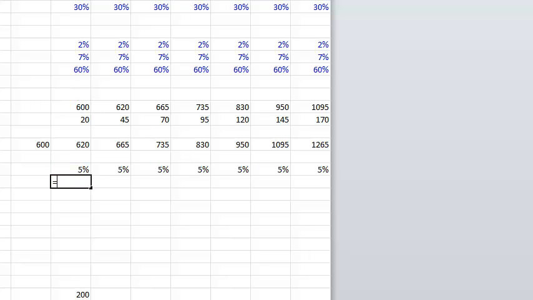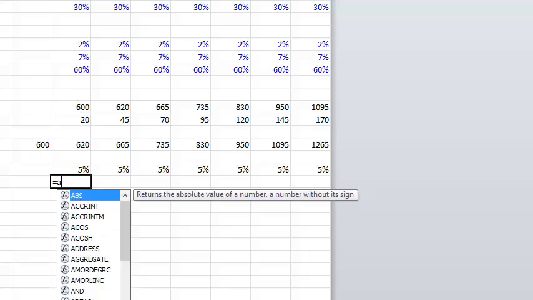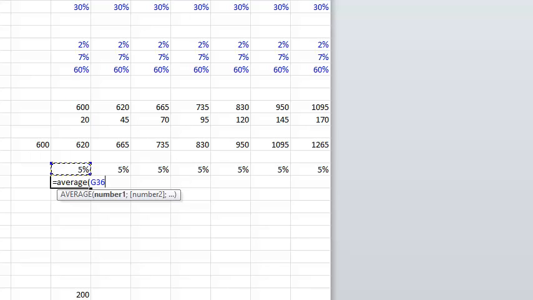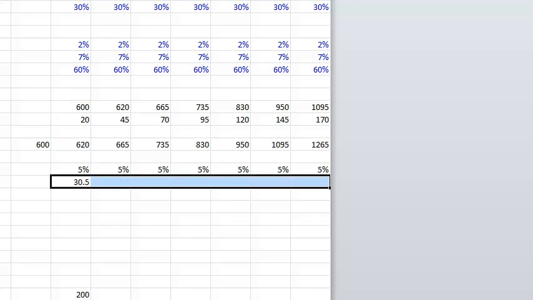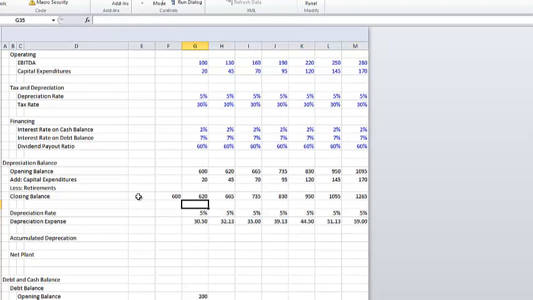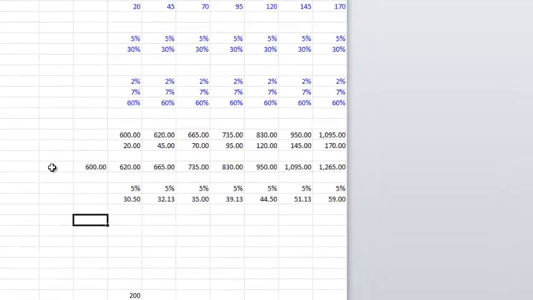Let's make our depreciation expense on the average of the opening balance and the closing balance, and it's very important that you understand what that really means. What that means is that you're assuming the capital expenditures occur in the middle of the year.